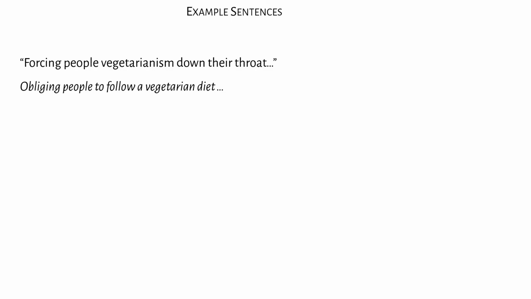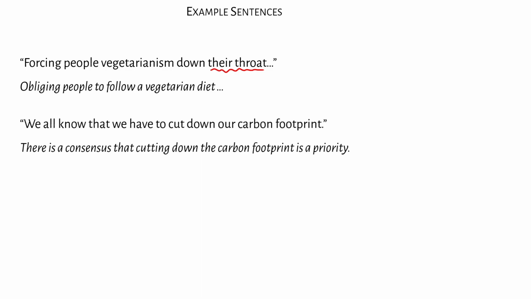Forcing vegetarianism down people's throats, something you don't want to say either. Right, down their throats, very weird. You could say something like obliging people to follow a vegetarian diet. We all know that we have to cut down our carbon footprint. There is a consensus that cutting down the carbon footprint is a priority. Same sentence, without using this informal construction.